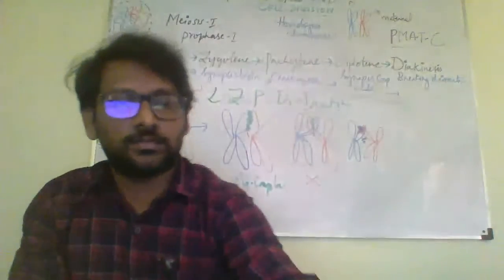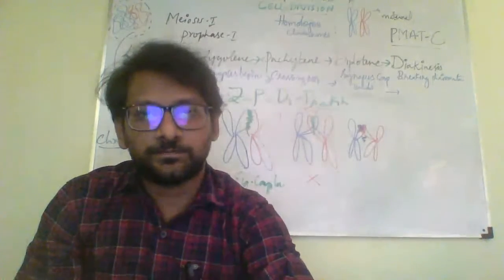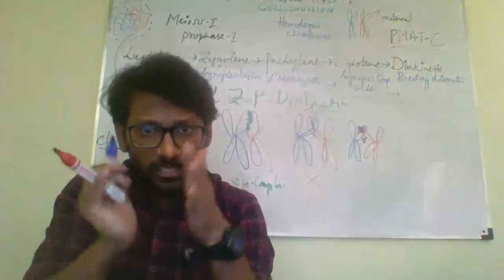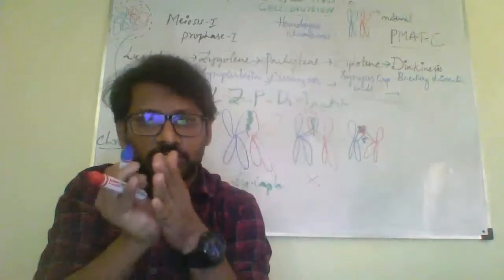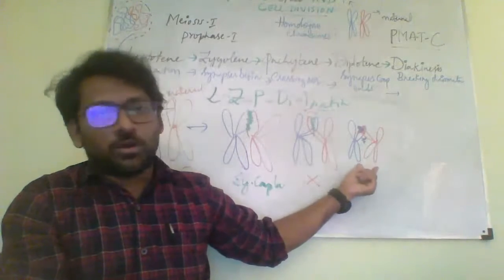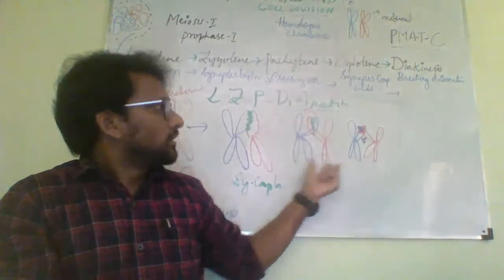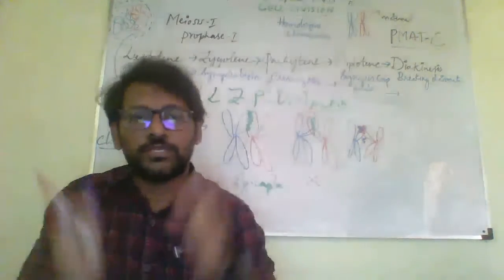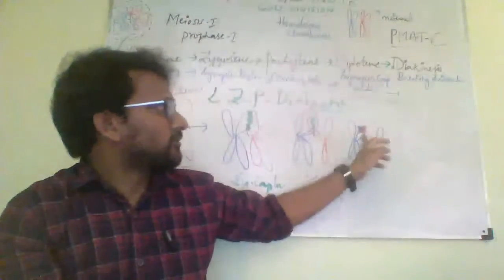And there is a dissolution of this synaptonemal complex. The synaptonemal complex which was there is dissolved, right? And the recombinant homologous chromosomes have a tendency to separate, right? They try to separate from each other at the sites of crossover.